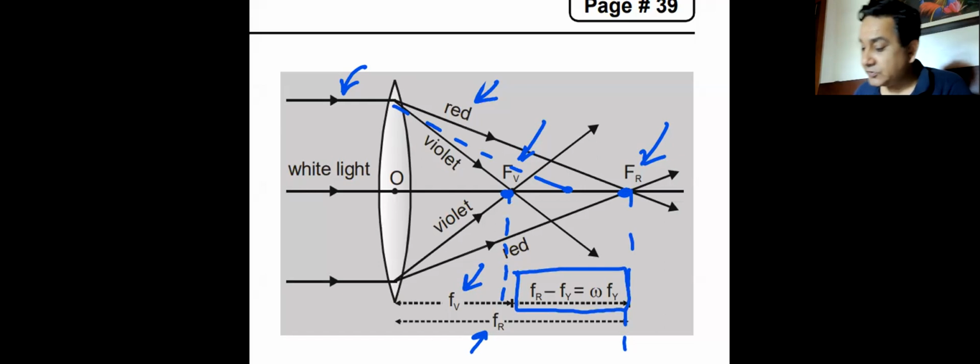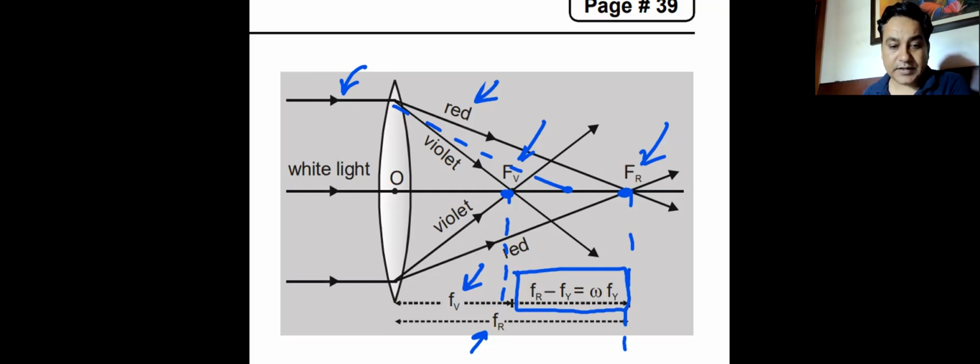Fr minus Fv is equal to omega times Fy. This is what you need to understand. This is known as axial or longitudinal chromatic aberration.